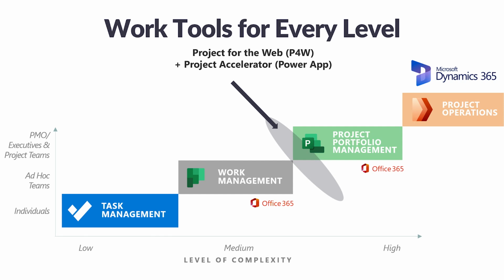When we move up to the work management level, meaning we bring a group of people together and start to dig in to, hey, listen, I've got things that need to get done. I might want checklists or notes. Planner is a great tool for that. In fact, it fits very well in that work management space.